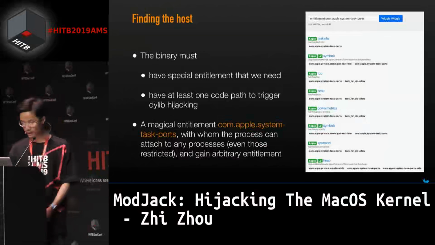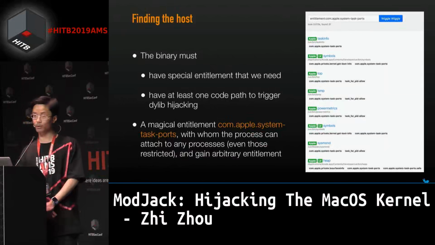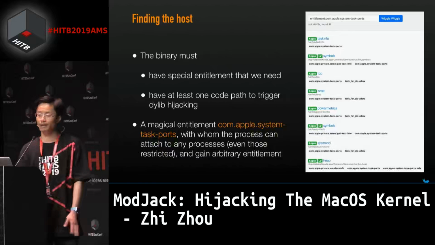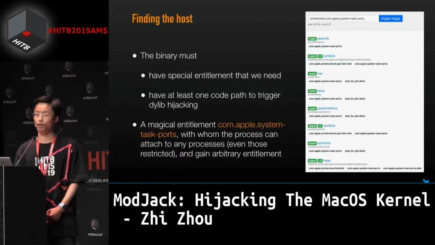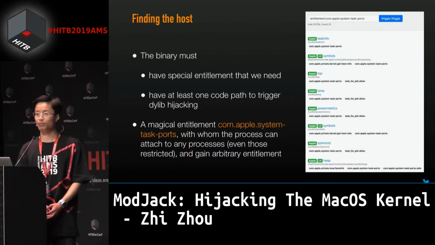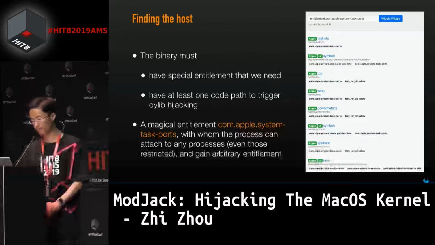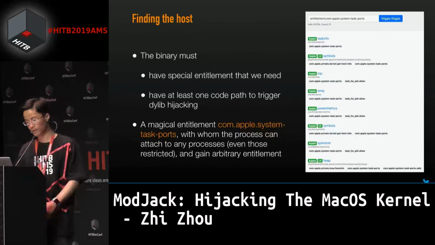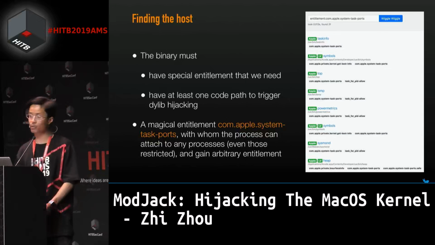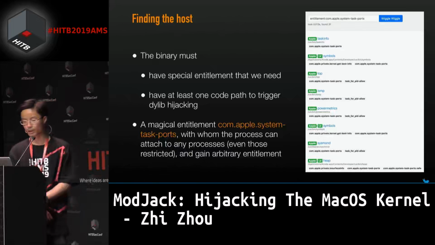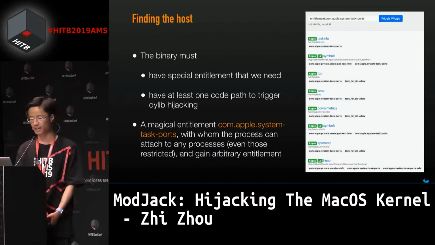Now what we have to do is to find a host. Since we have the dylib hijack bug, we will need a powerful host with the entitlement we want. So the binary must have a special entitlement that is privileged enough and have at least one code path to trigger that hijacking.